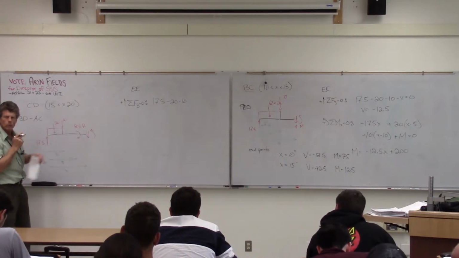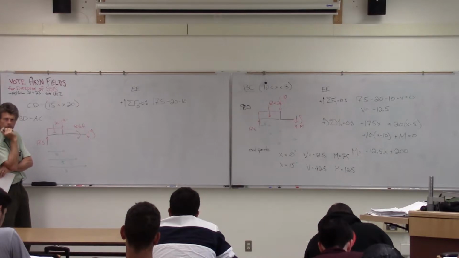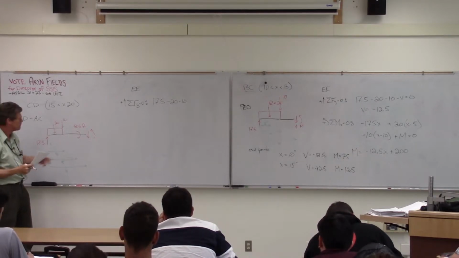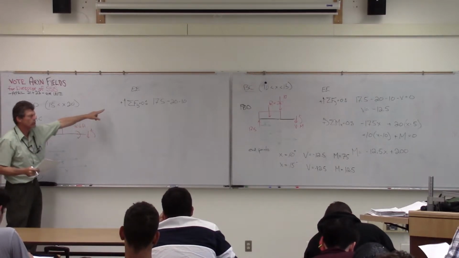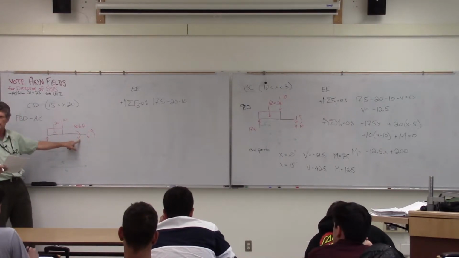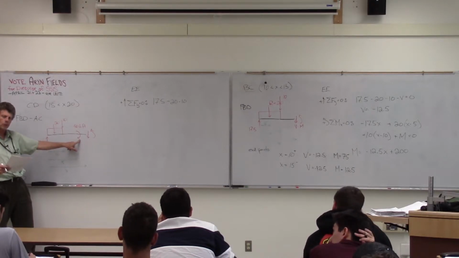Okay, do I include this one? I see a couple of shaking heads, several. This direction? What we're doing is sum of forces in the y direction. We've just now gone past here. We're looking at this guy. Do we include this in our vertical equilibrium equation?